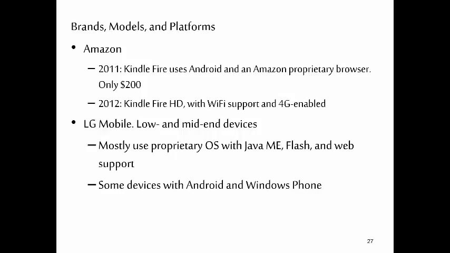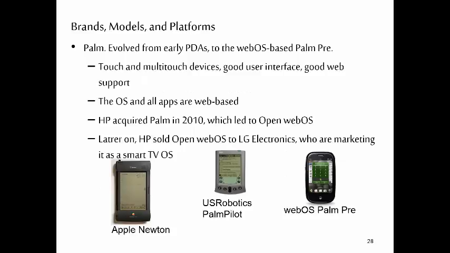So therefore, we have to be careful in this course where we spend most of our time and efforts. And we're going to try to focus on the two platforms that are the most predominant in the market, which is Android and iOS. There is LG as well, and then there are the Palms, the PDAs.